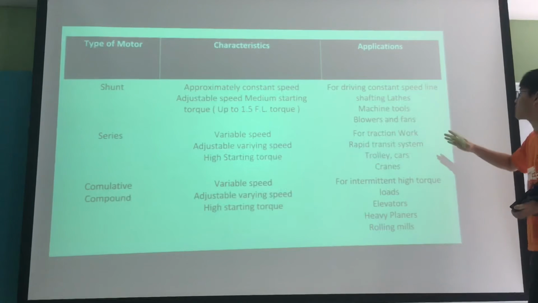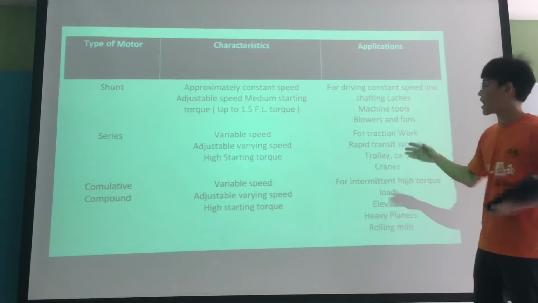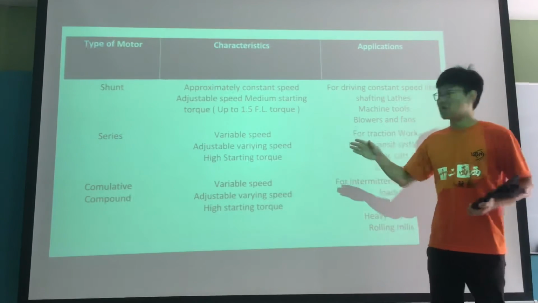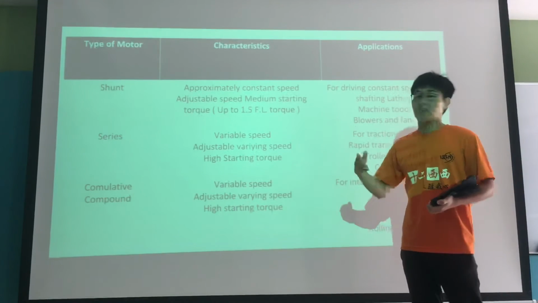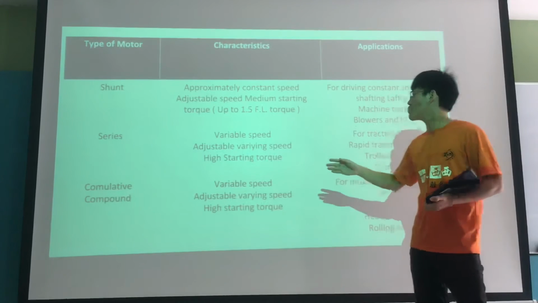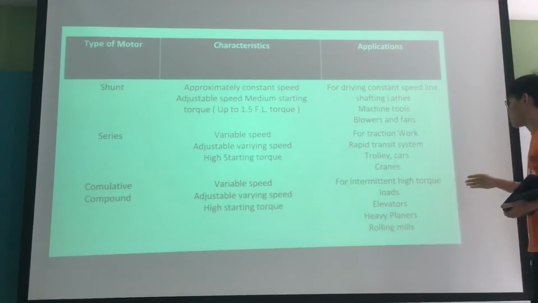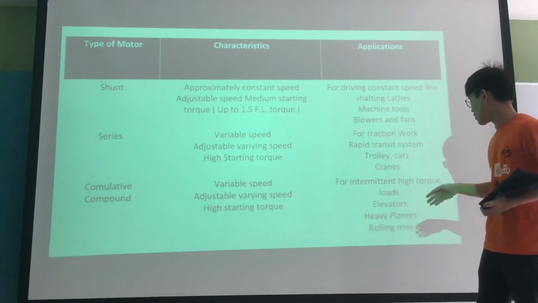They are most commonly found in traction work and transit systems, trolleys and cars. They have variable speed and good adjustable varying speed and a high starting torque. And lastly, there are cumulative compound motors, which are found in intermediate high torque loads, elevators, planers, and rolling mills.